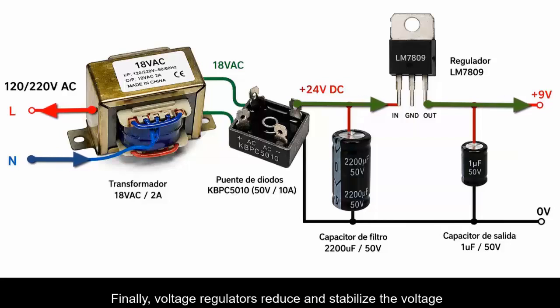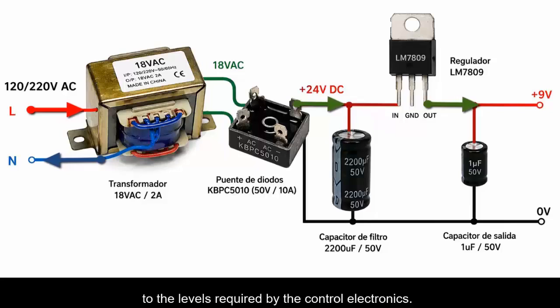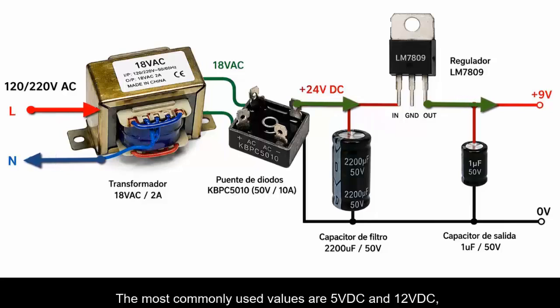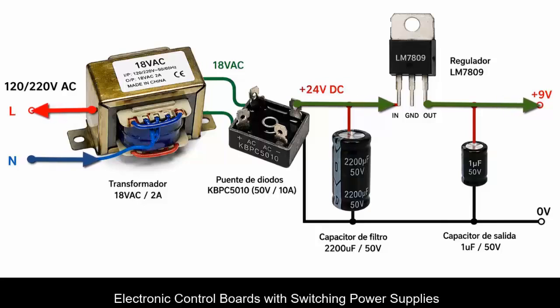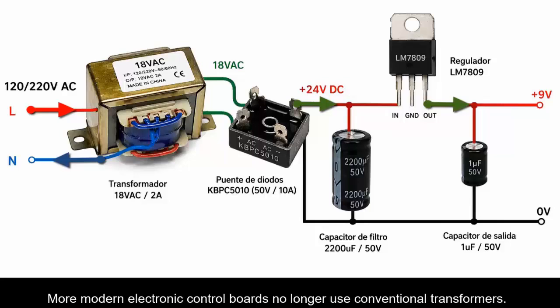Finally, voltage regulators reduce and stabilize the voltage to the levels required by the control electronics. The most commonly used values are 5 VDC and 12 VDC, mainly intended to power the microcontroller, sensors, relays, and other electronic circuits.